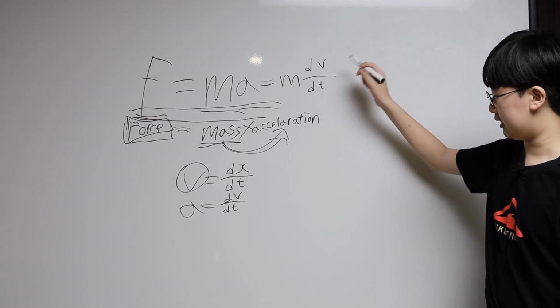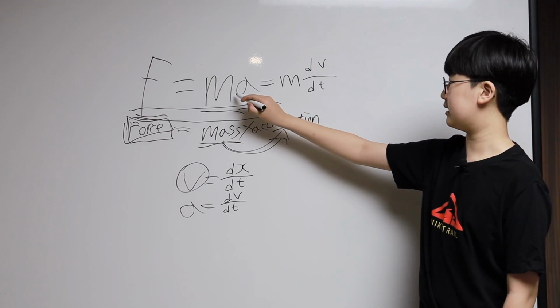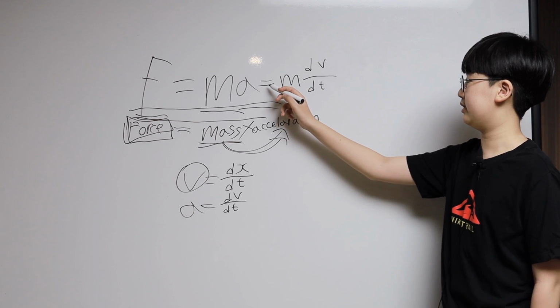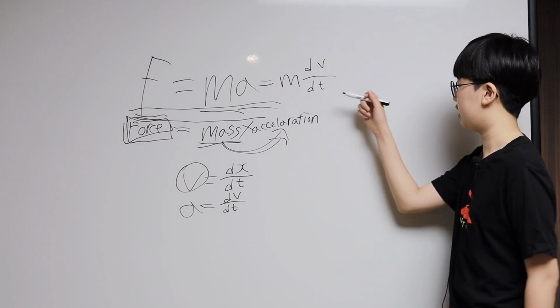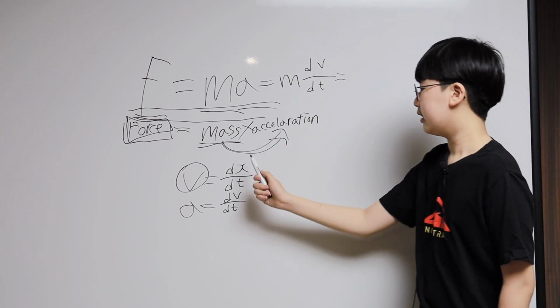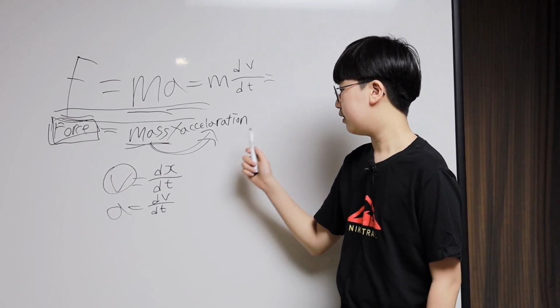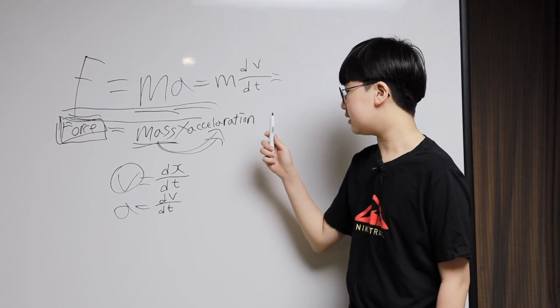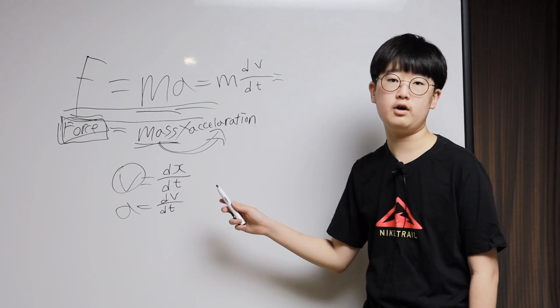So this is, as I wrote here, this is A, so it's the same thing. As you can see, I wrote the equal sign here. And also this is equal to, because velocity is difference of space, difference of distance over difference of time.